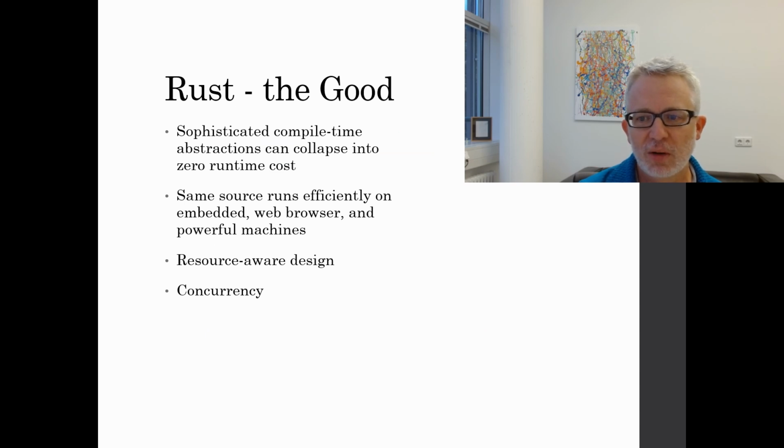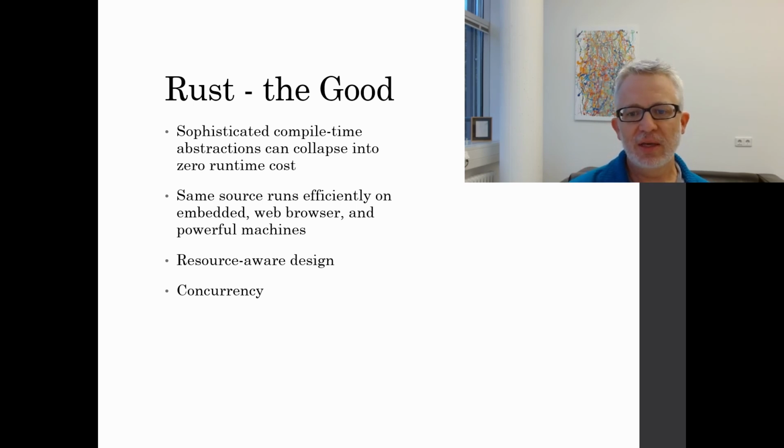So just a couple more points. You're all familiar with these things, but maybe this is part of what is bringing us together. What are the good things about the Rust language? Maybe the most important one for me is that there are these sophisticated compile time abstractions that you can write, and they compile down to zero runtime cost. This is incredibly exciting as a way to make sure that complicated software is correct and that no problems spring up later that you're going to have to spend countless hours trying to deal with.